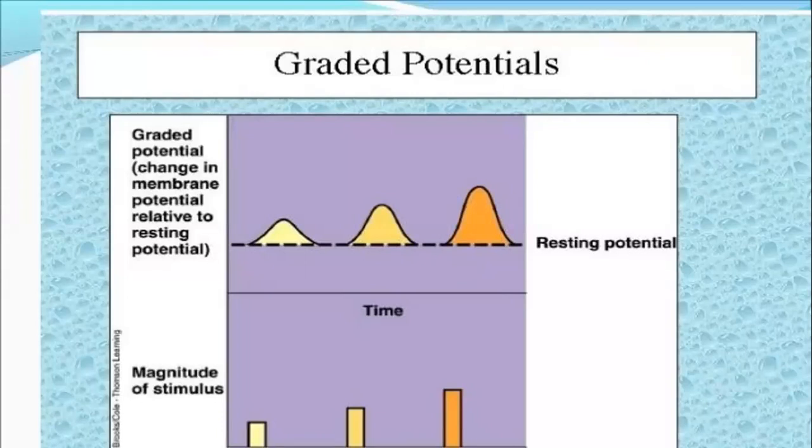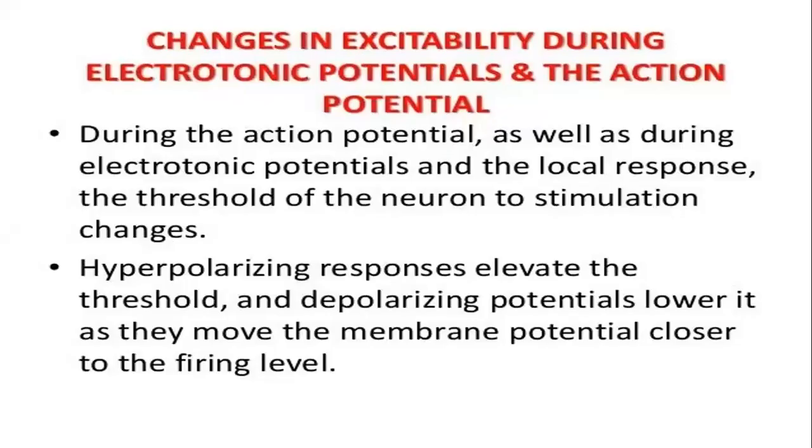That is, when a threshold stimulus is applied, the membrane will respond with its ultimate vigor, and if you further increase the strength of the stimulus, the response will not be greater. So it is of all or none character.